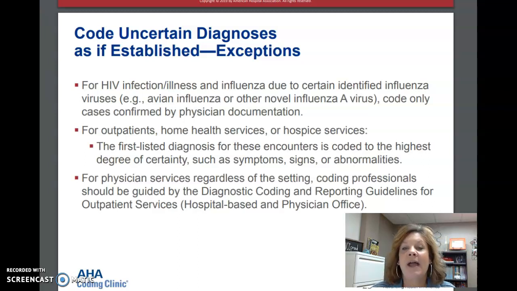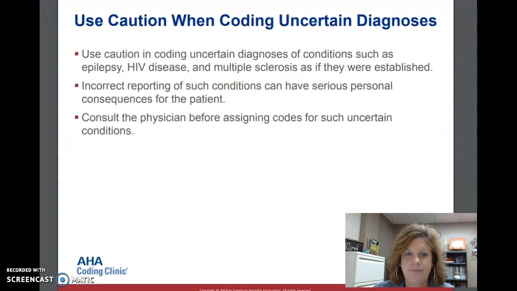I have to code abdominal pain or whatever they came in for. Just because in an outpatient setting they haven't run all the tests, and I don't have enough information to code it that way. So again, in outpatient, you cannot code probable, questionable, any of those.